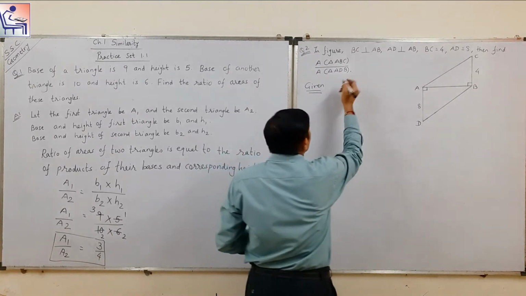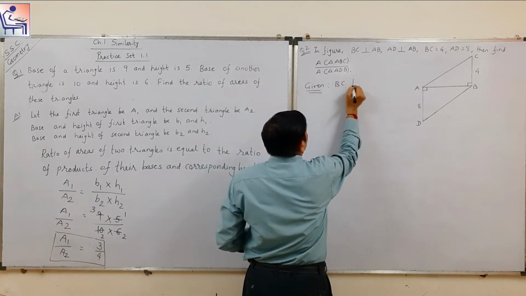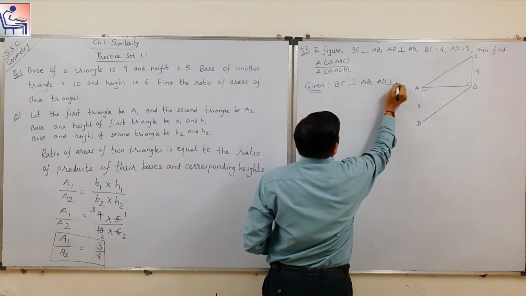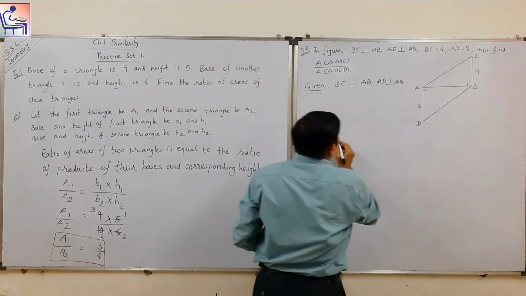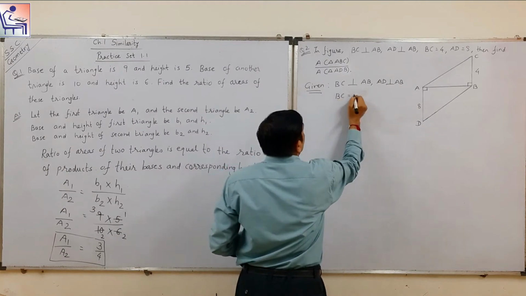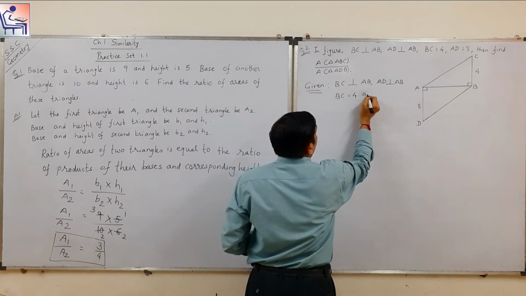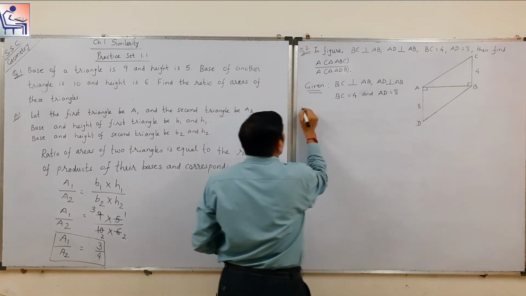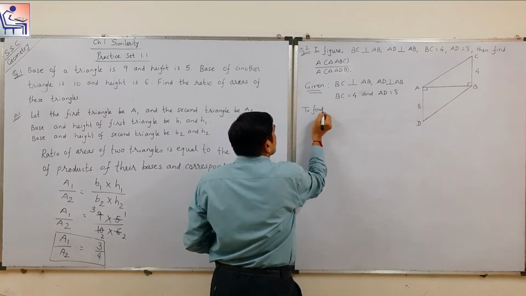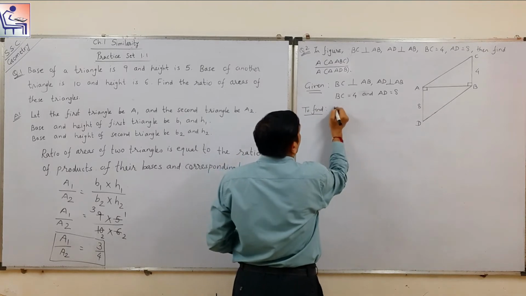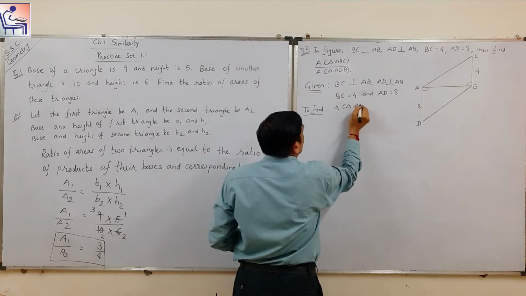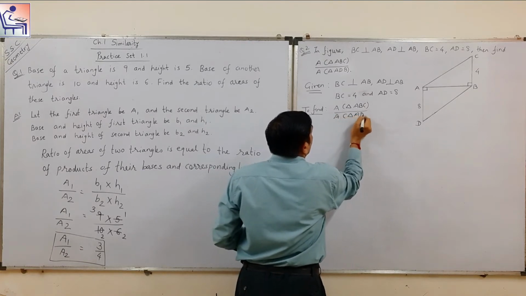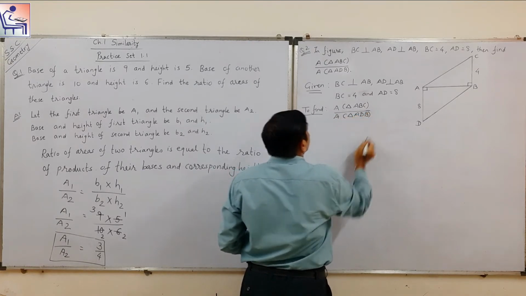So what is given? BC is perpendicular to AB and AD is perpendicular to AB. BC is equal to 4 and AD is equal to 8. We have to find out the area of triangle ABC upon the area of triangle ADB.